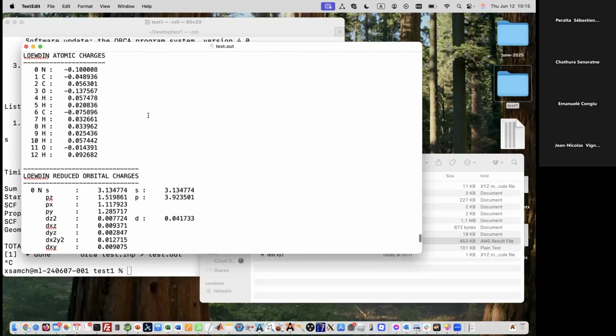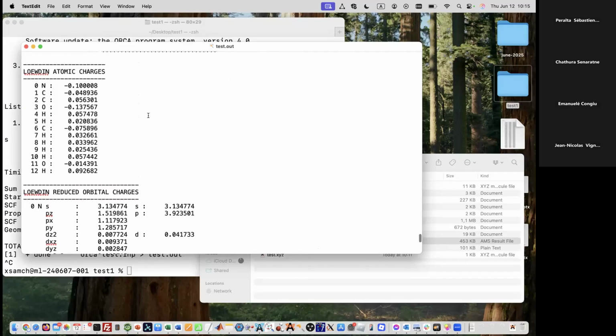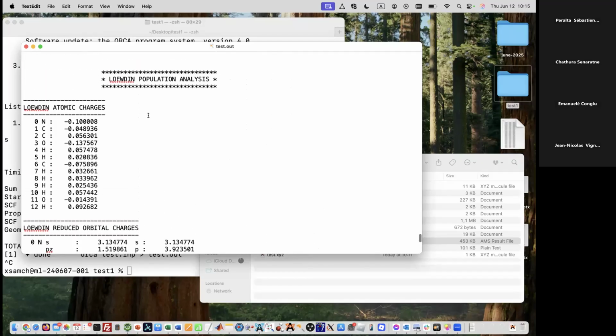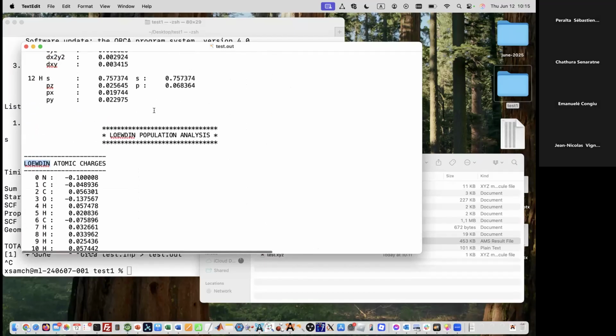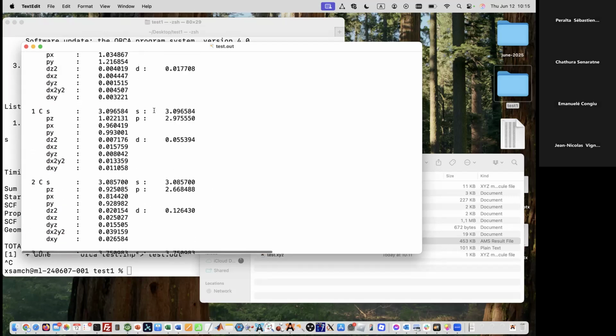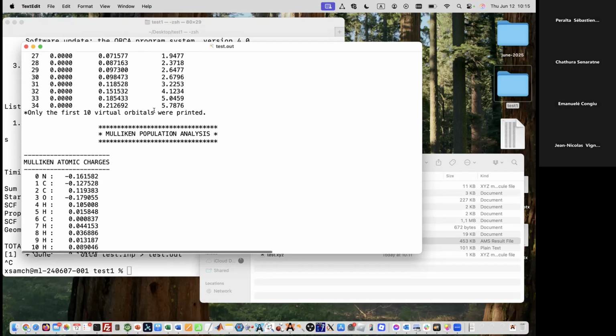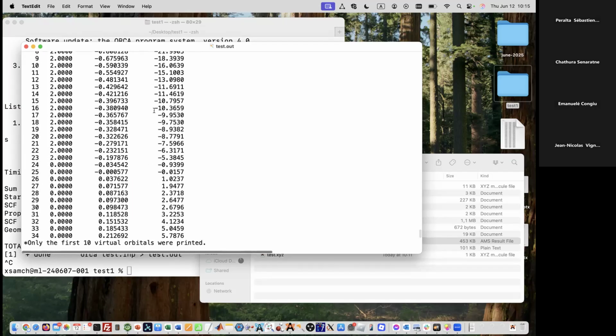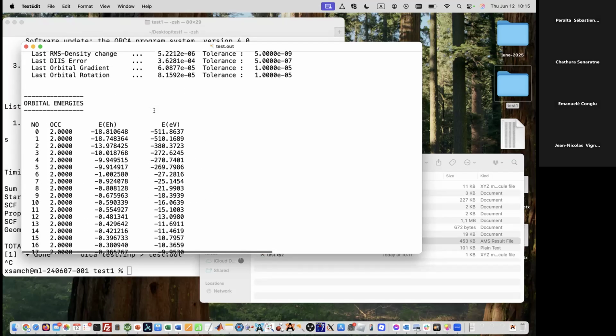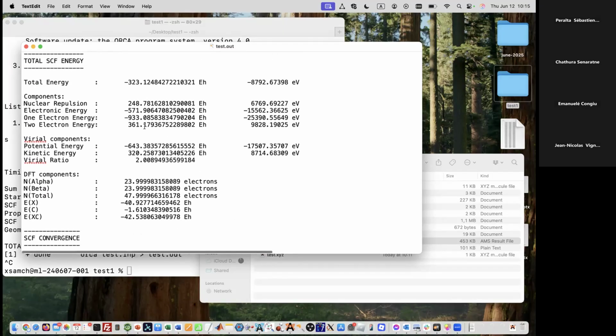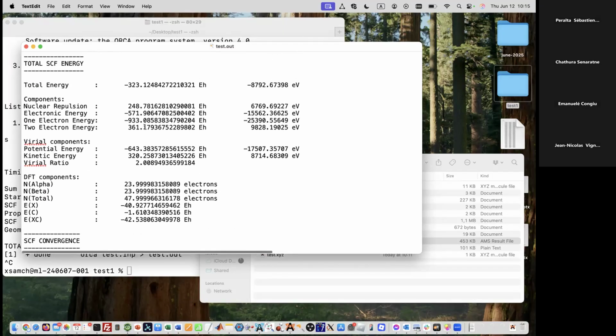Some orbital information, I will come back to that later. This is another type of charge. Charge can be computed in different methods. So you can see the molecular orbital energies. We can look at the molecular orbitals later.